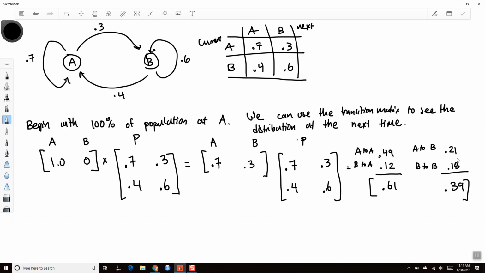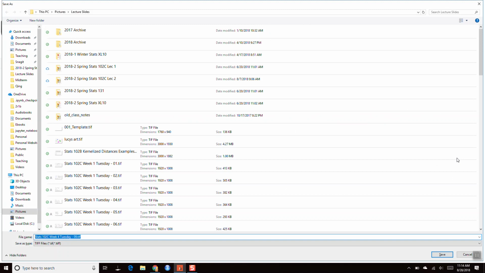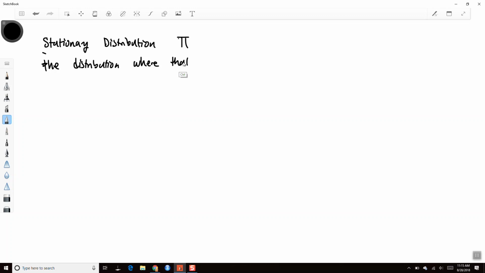So what will be true at the stationary distribution? We often call the stationary distribution pi. And this is the distribution where the states are at equilibrium.